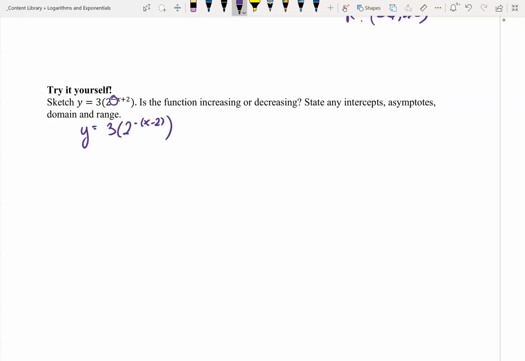So in this case, I'm factoring out a negative 1. And I'm doing this because this also means that if I ever need to describe how my function is changing, I can see from here that we are moving 2 to the right. And if I didn't factor that out, you might have said to the left, which would be incorrect.